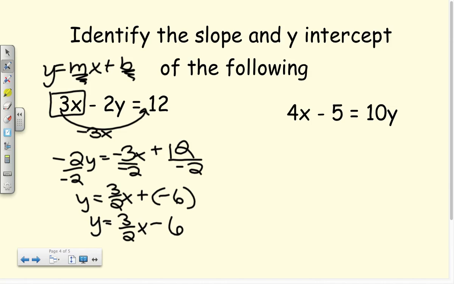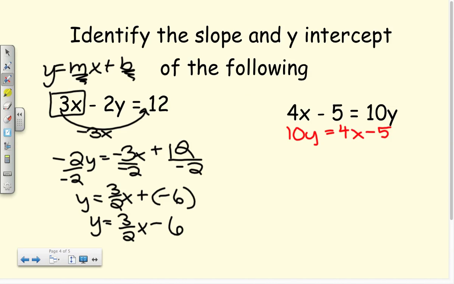So what's my slope of that line, class? 3 halves. And what is my y-intercept? Negative 6. Yes. All right, this next example, my y is over on the right. No, I can't have that. I'm going to flip it over. 10y equals 4x minus 5.